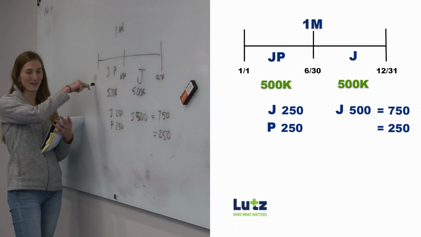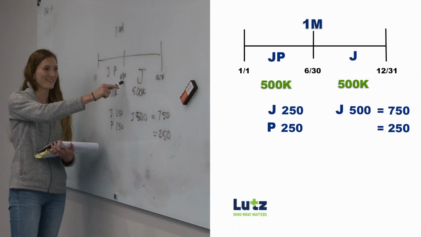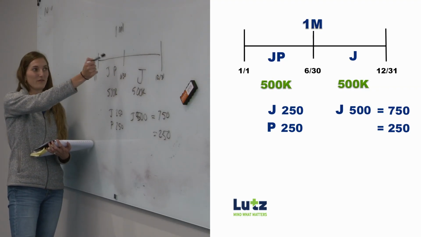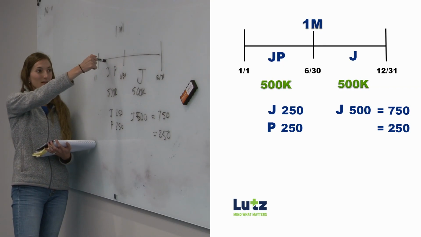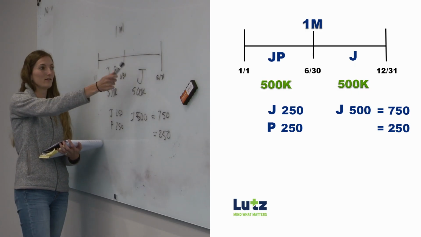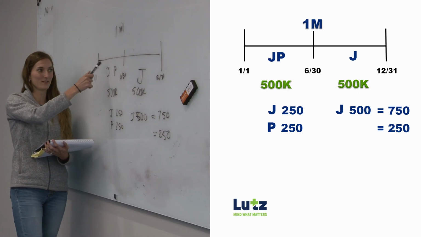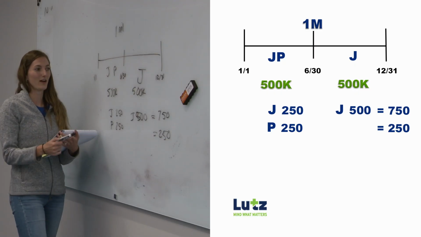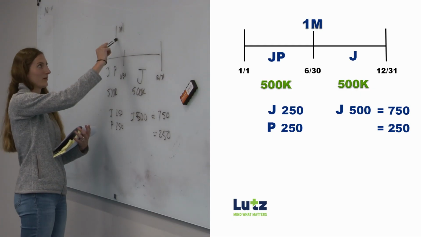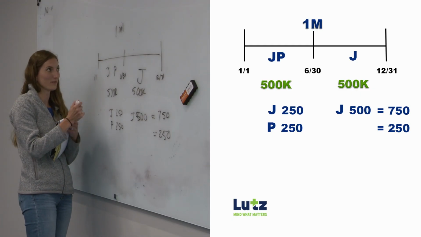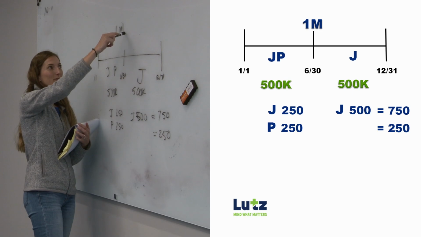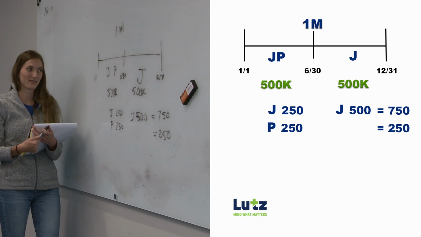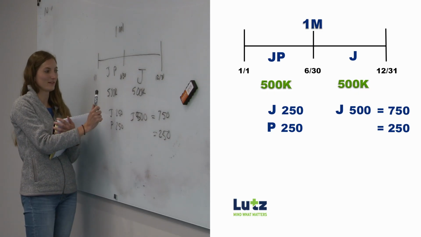So this is January 1st. This is June 30th, end of the year. J and P were 50-50 right here, and then P sold his interest and is out of it, because J owns it. So at the end of the year, say it was $1 million, it would look like it should all go to J, but it needs to be split.